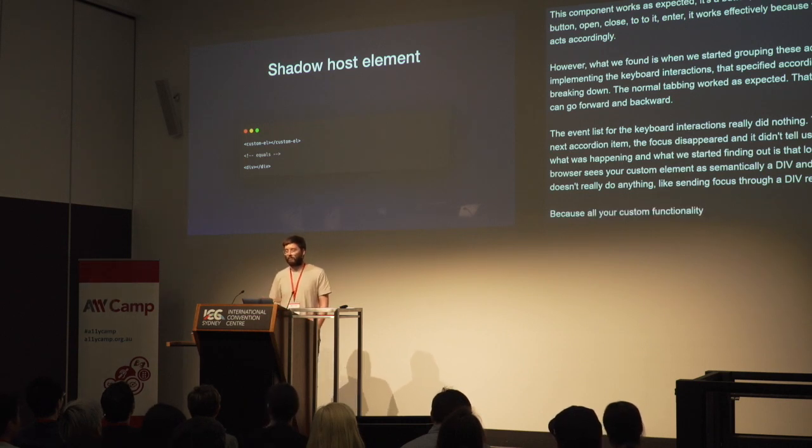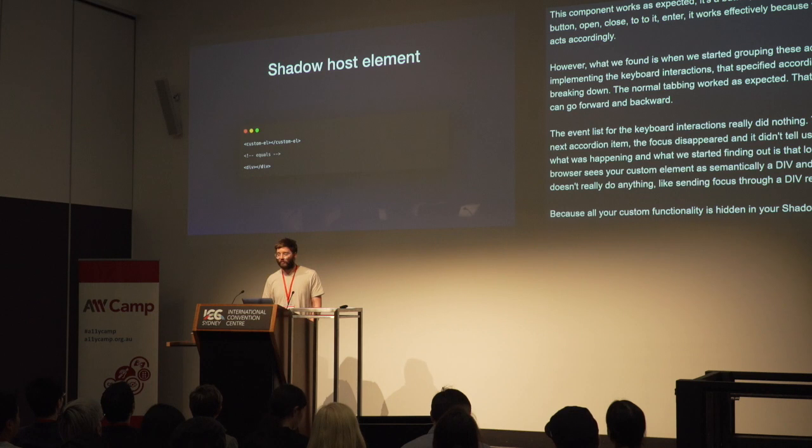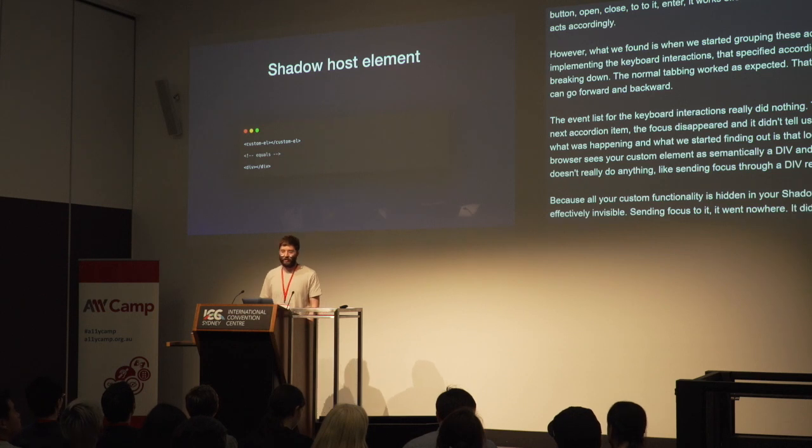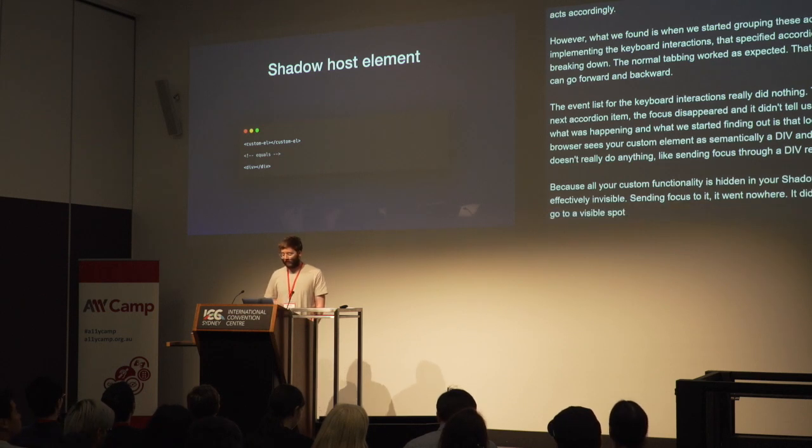And the shadow root is effectively invisible to your main document. So sending focus to it just went nowhere. I mean, it didn't really go nowhere, but it didn't go to a visible spot or anything that any user would have any use for.